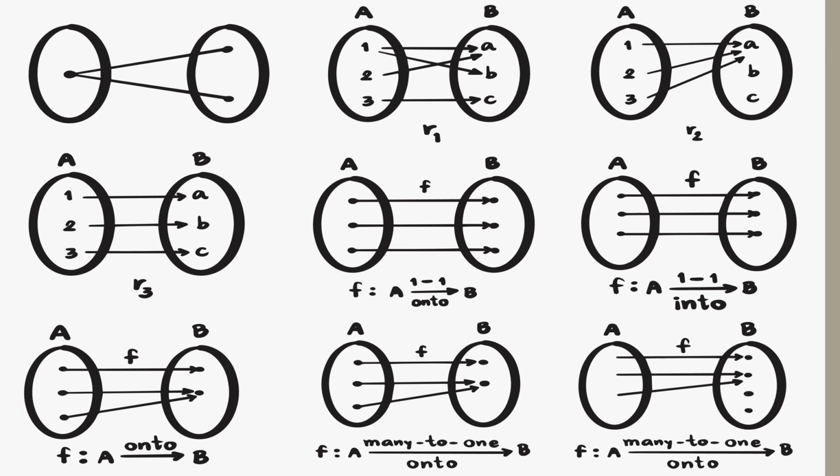The set A elements have a unique relationship with set B elements. This is represented as one to one. Like that, you have a wide range of functions. We'll go through it a little later.